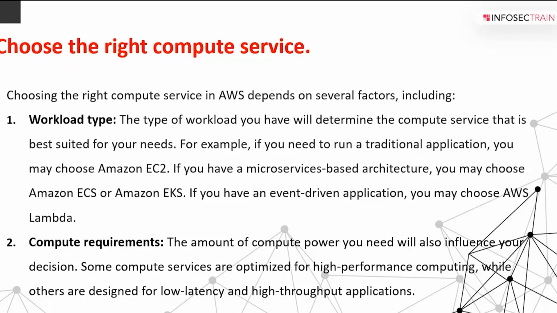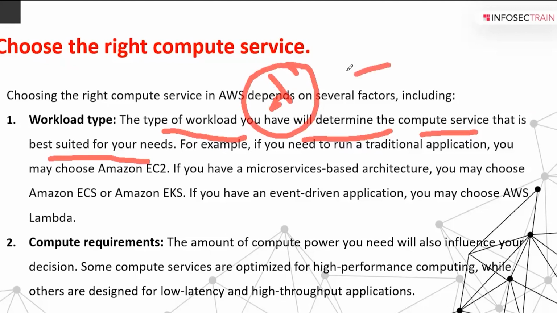First thing, this depends upon multiple factors. Let's go one by one. Workload. So see, the workload you have determines the compute service that is suited for your need. This Lambda is also a compute service, right? Because compute means that a particular system can execute.